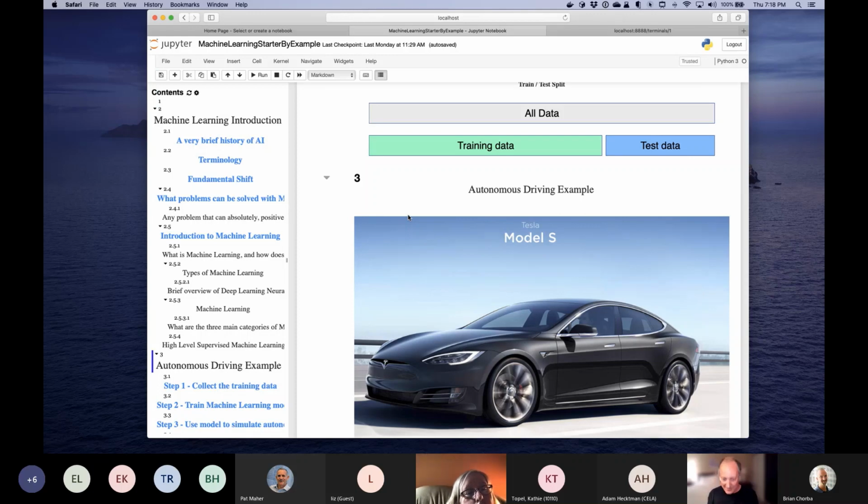The teacher has the answers, but we're asking the model to tell us what it thinks the answers are. And then we compare the answers that we know to be true with the predictions that the model came up with. And this is a very iterative process, and we will keep doing this testing until we get an accuracy or a metric. There's a lot of different ways we can measure machine learning models until we get that metric that meets our goals.